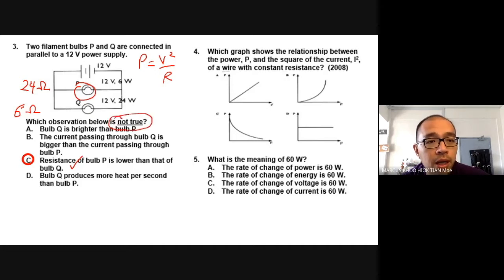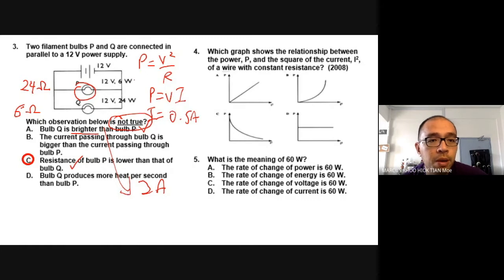But when I look at the other answers, bulb Q is brighter than bulb P. We will remember the brightness is determined by the current. If we use P equals VI, this one will give us 6 over 12, which is 0.5 amps, whereas this one will give us 2 amps. So this is correct.